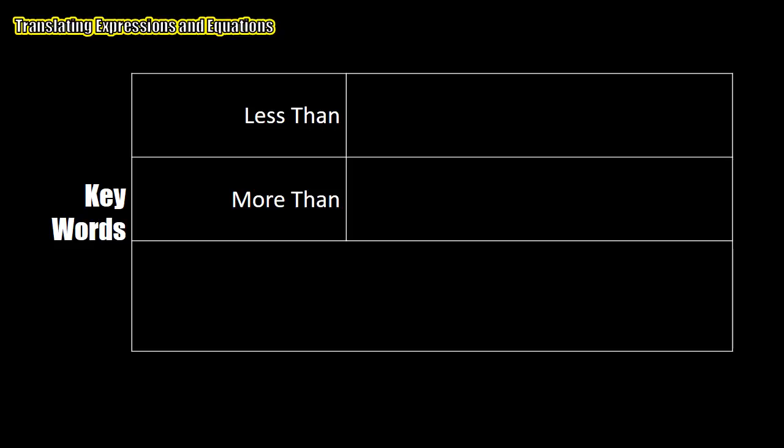Some more keywords, these are some special keywords. We have less than. If we had the phrase 6 less than p, we are going to flip-flop the order of 6 and p, so when we write it, it turns into p minus 6. The same thing with more than.